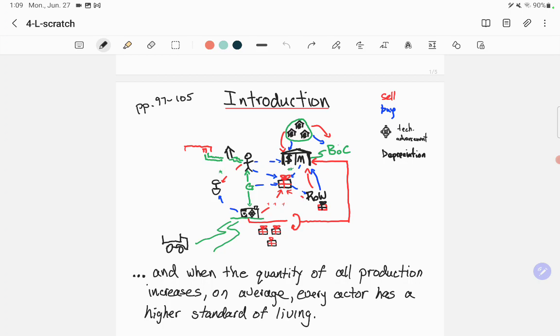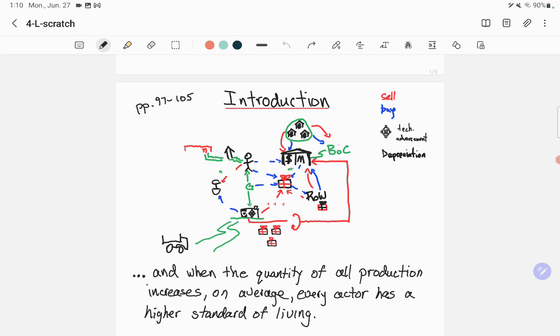This week, when the quantity of all production increases, on average, every actor has a higher standard of living. So what we do is, instead of you get up, go to work, everyone gets up and goes to work. Why? So they can get paid. So they can buy some of the stuff that other people made.